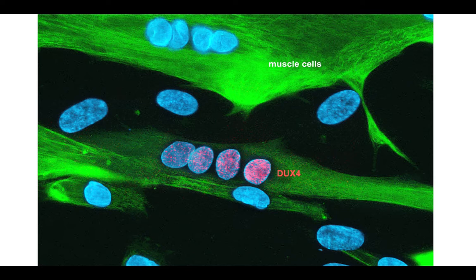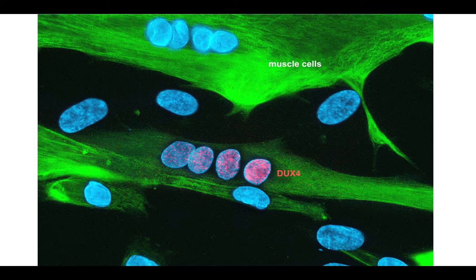Here is a slide of muscle cells in a petri dish. Here, the researchers have taken muscle cells, put them on a slide, and tried to look for DUX4 activity. DUX4 activity here is measured in the redness. And each blue circle is the nucleus of the muscle, and muscle cells tend to have multiple nuclei.